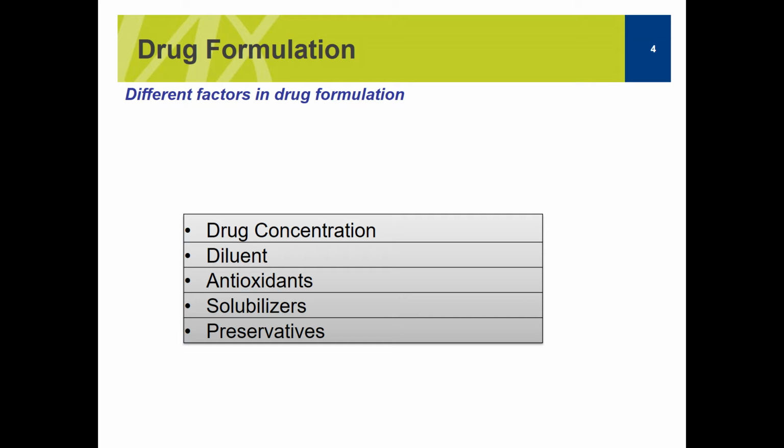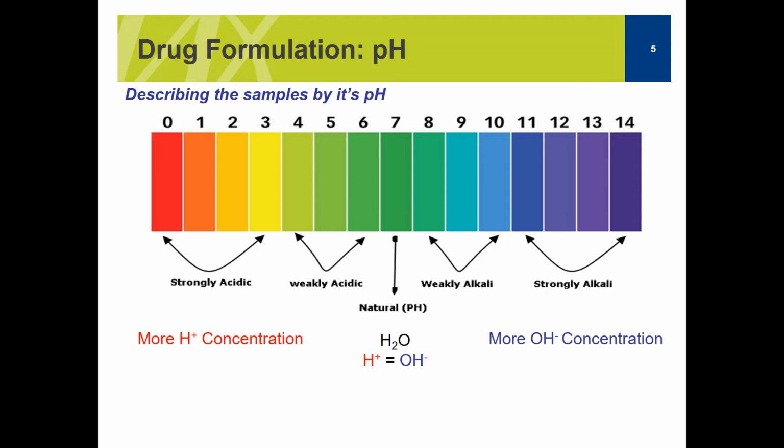But there are other things too that require some attention: the diluent, the antioxidant, solubilizers, and also preservatives. These are all different chemicals that are included in the drug formulation, and all of these can react with a primary container. In this case, we're talking about a glass vial or a DualFUSION vial.